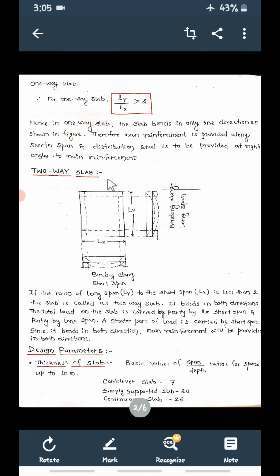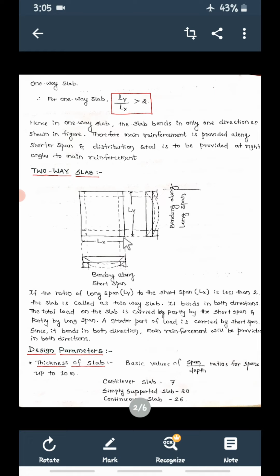Then the two-way slab. What do you mean by two-way? As the name indicates, bending of the slab will take place in both directions. That is, when the load comes on the slab, if it bends along the x-axis and also along the y-axis, then that is called a two-way slab. Again, this is the shorter span and this is the longer span.